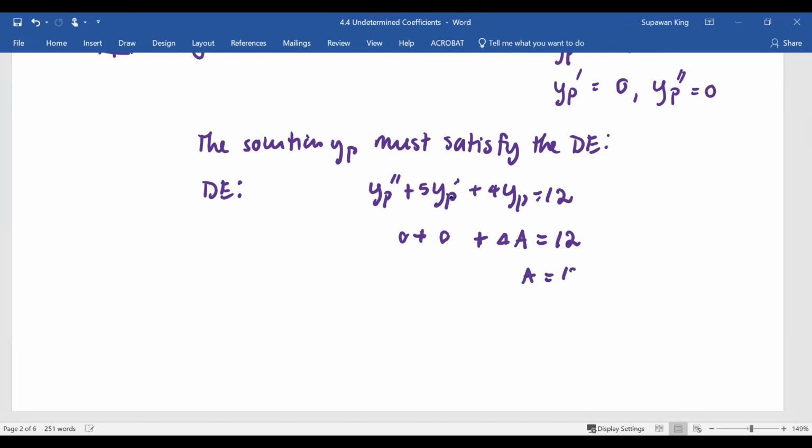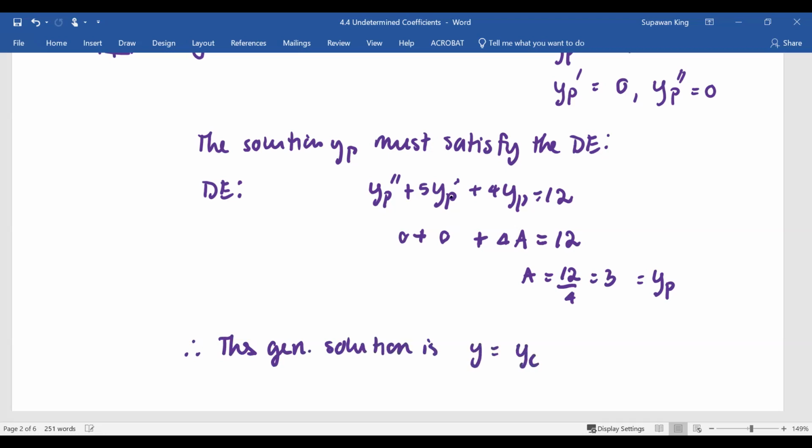Therefore, A equals 12 over 4, or 3. Now we have both yp and yc, so the general solution of this differential equation is y equals yc plus yp, which is c1 e to the negative 4x plus c2 e to the negative x plus 3.